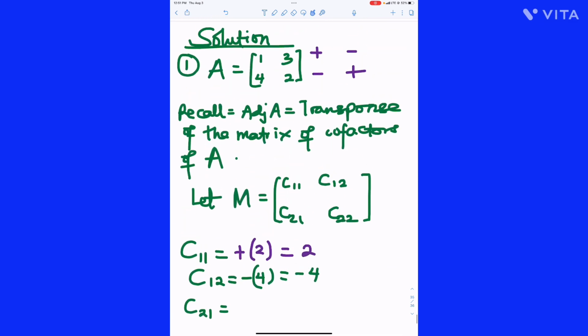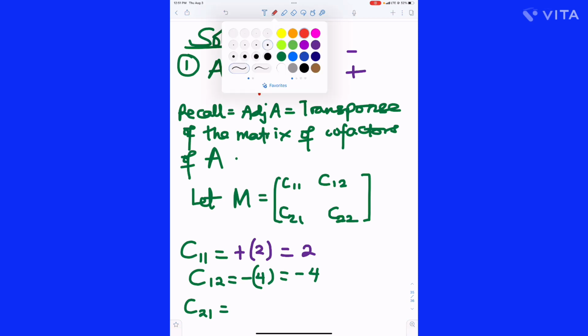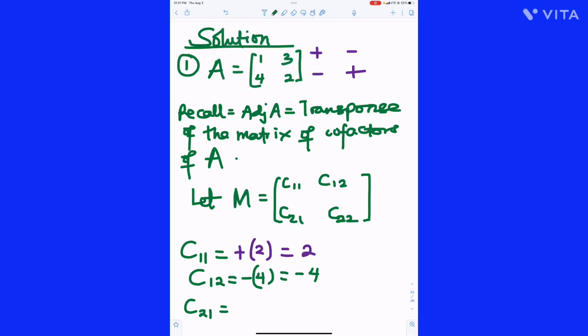Let me scroll back up. If I cross the row and column containing 4, I'll have 3 left. 3 should take a negative sign. That gives me minus times 3.